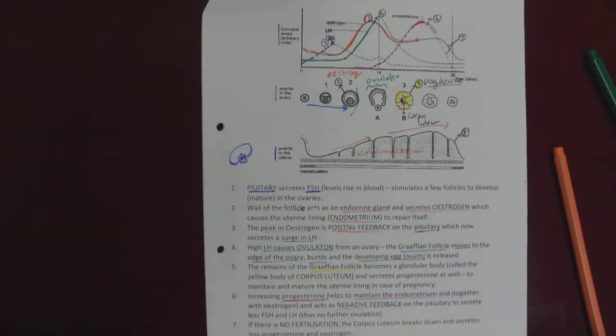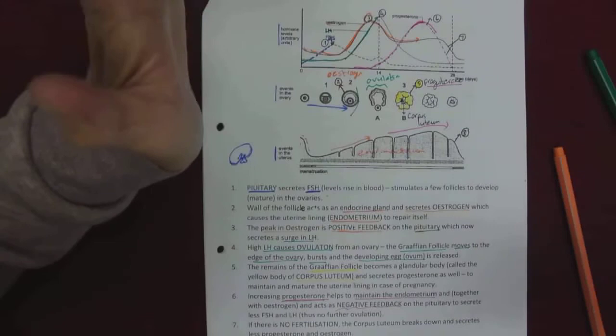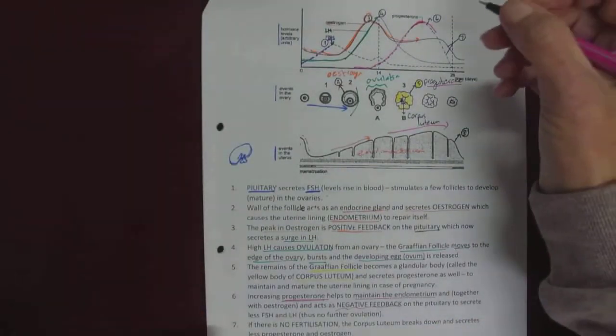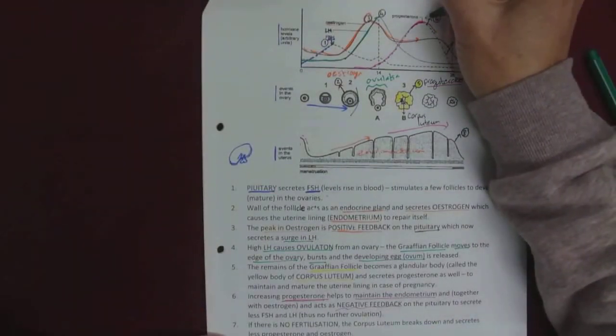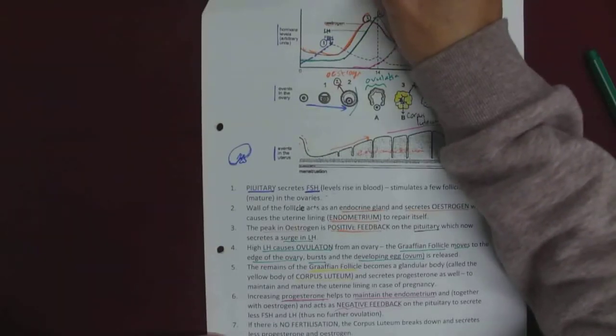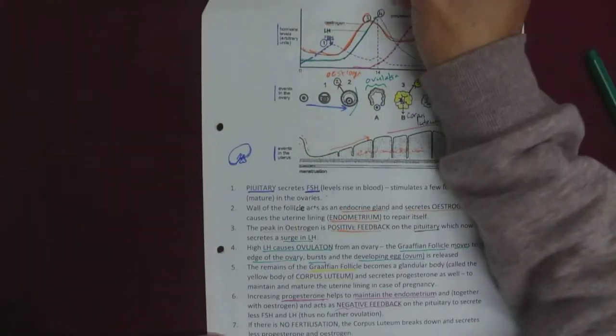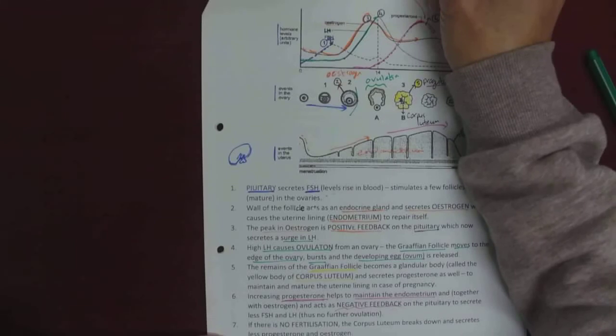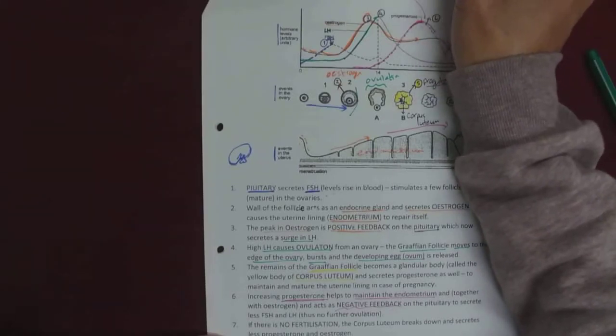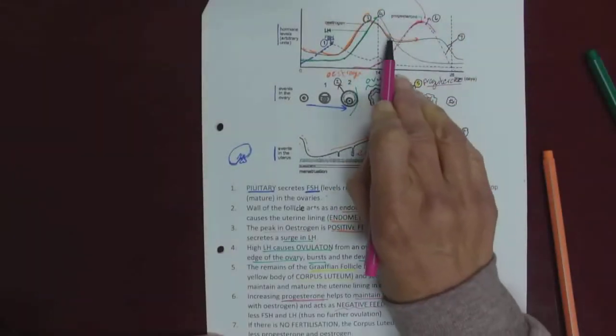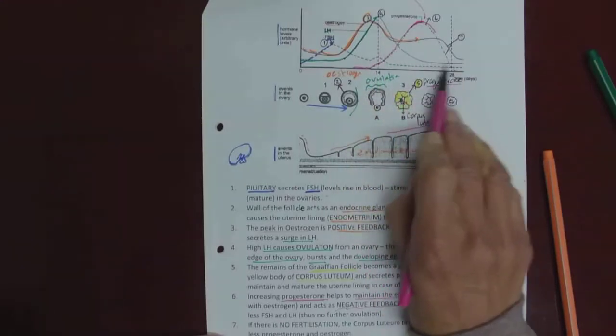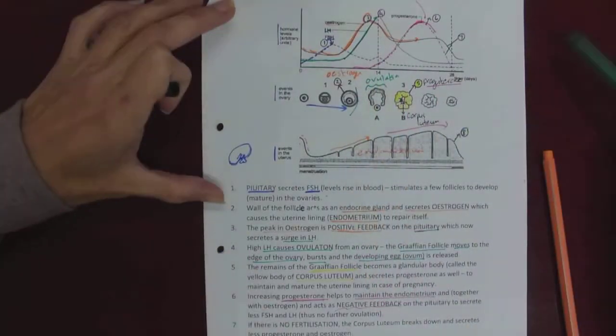Negative feedback means when there's a high level of something, it's going to cause a low level of something else. So there is negative feedback, let's just draw that here, on the pituitary. There is negative feedback on the pituitary to secrete less LH and FSH.